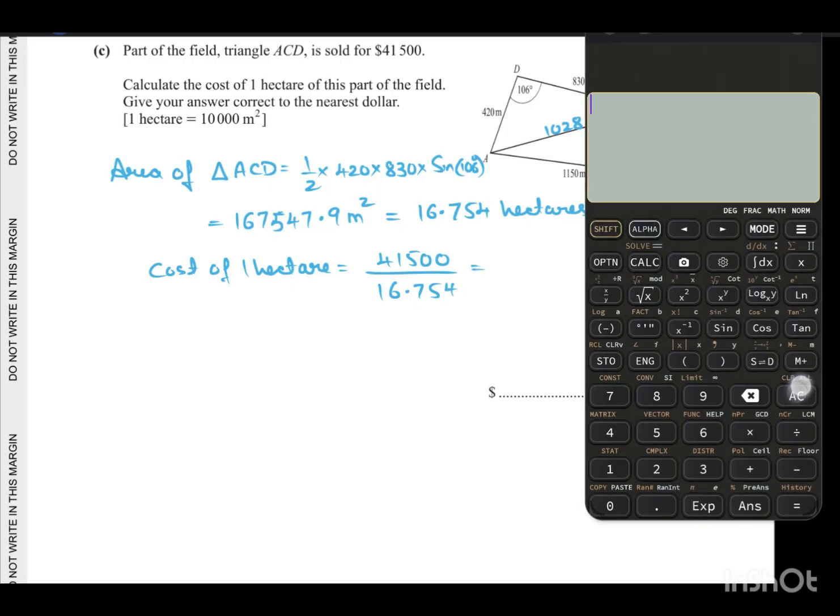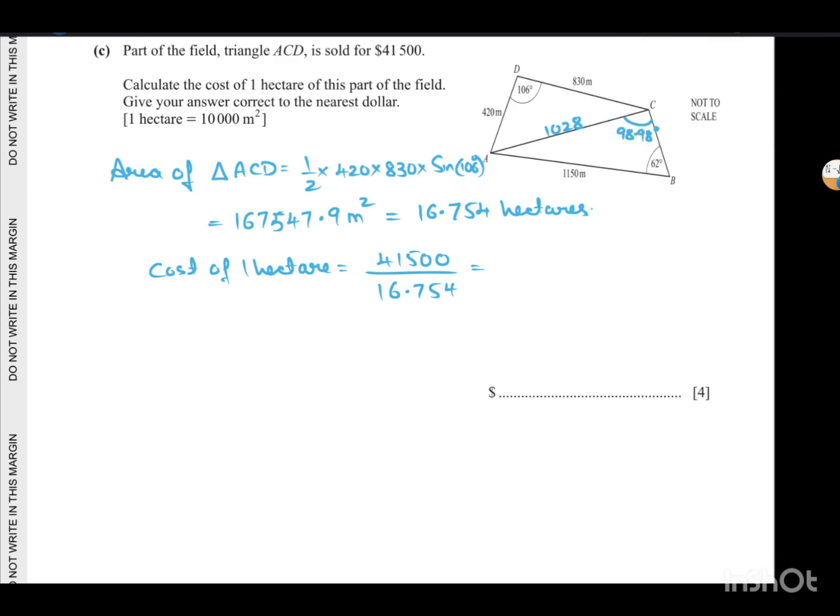Just do that. $2,477.020. Our answer should be correct to the nearest dollar, so it will be 2,477.